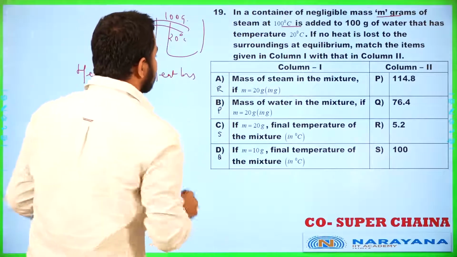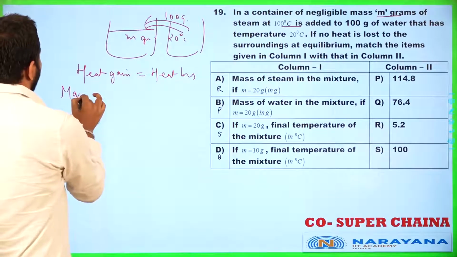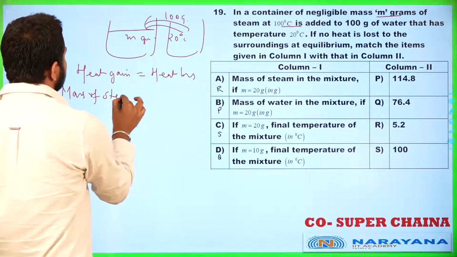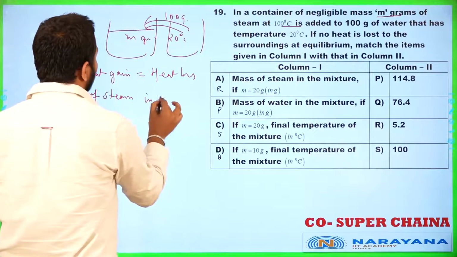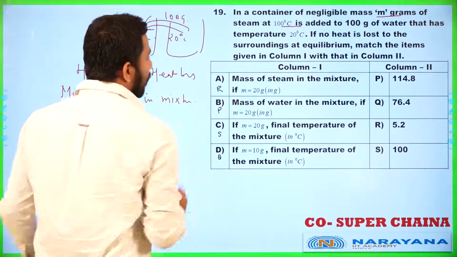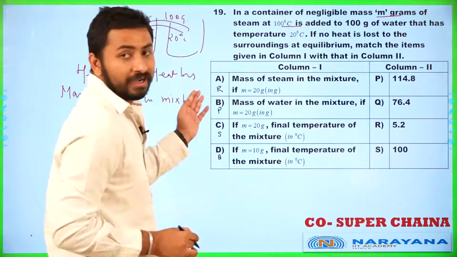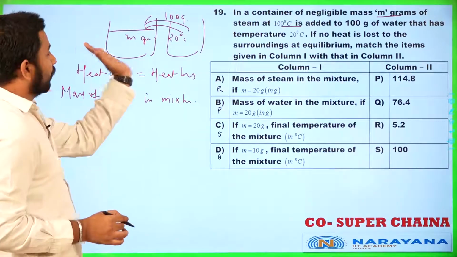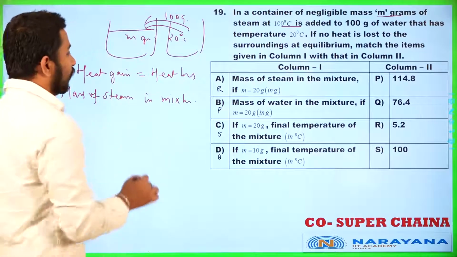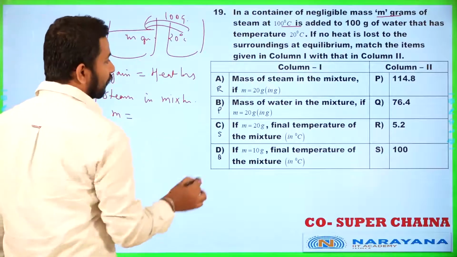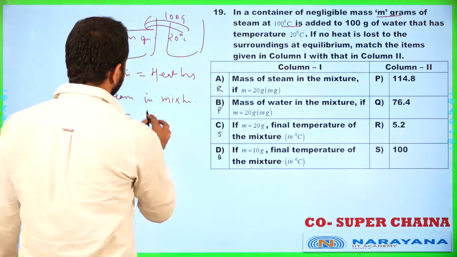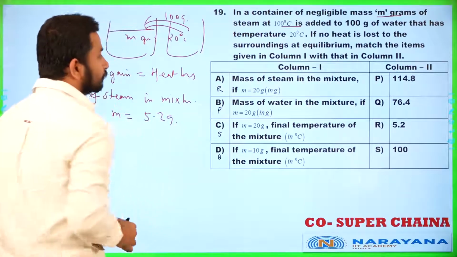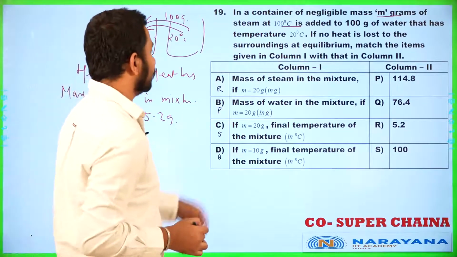We can equate the heat gain and heat loss condition here. So what is the mass of steam in the mixture? Already we have done this type of question. If we equate the initial heat gain and heat loss, the mass of steam will come as 5.2 gram. Okay.